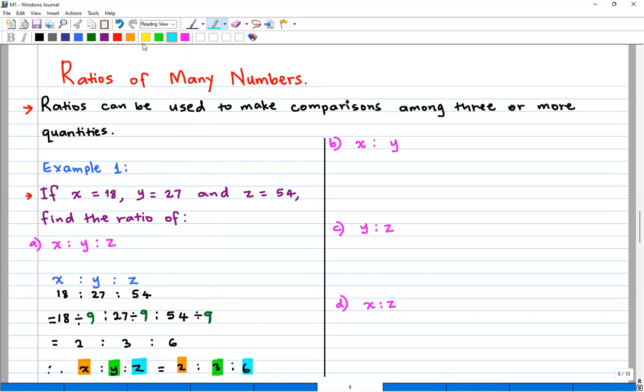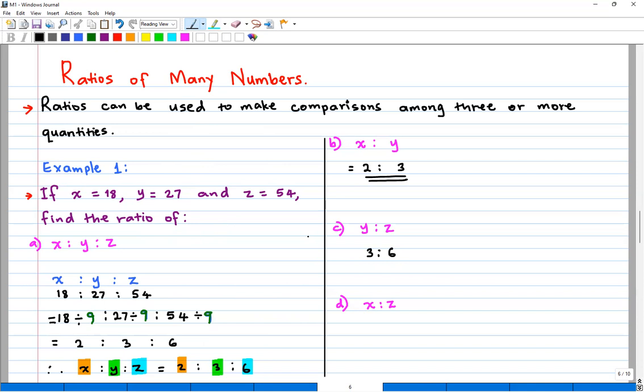Now, it means that if we need x to y, x will be 2 and y will be 3. So that will be 2 to 3. And part C, we need y to z. Now, y is 3, and z is 6.